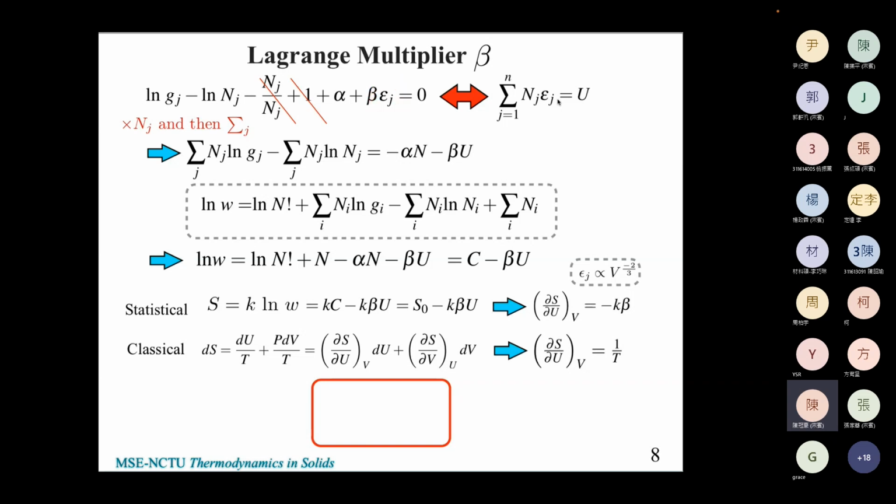So you can multiply by nj and do the summation, and compare with the constraints you have. Then you can move the alpha N and beta U to the right hand side. So this equation after multiplying by nj and summing over j looks like this.